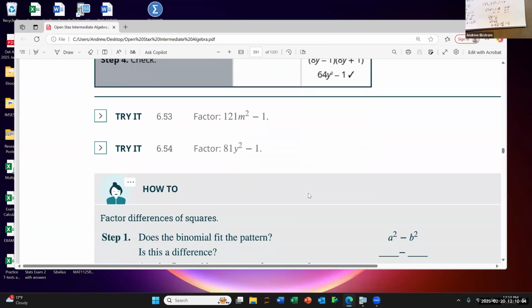So if we look at some of these other example problems here, with these two right here, what's our first step going to be? Add 1 to the other side. Divide by the numbers out in front of the square terms. And take the square root. So 1 divided by 121, square root of that, plus or minus 1 over 11. Plus or minus 1 divided by 9 when you do this bottom one that same way.